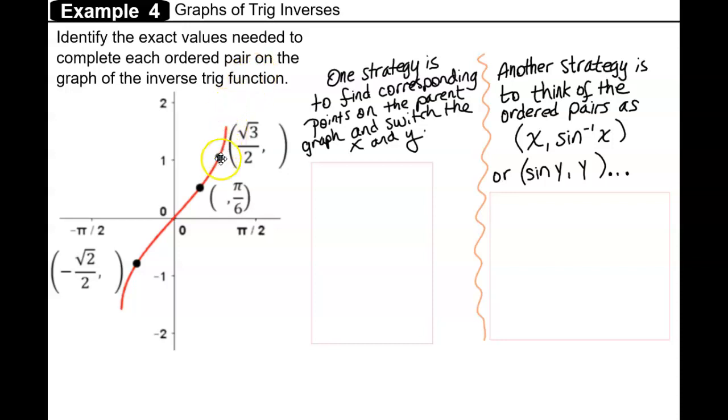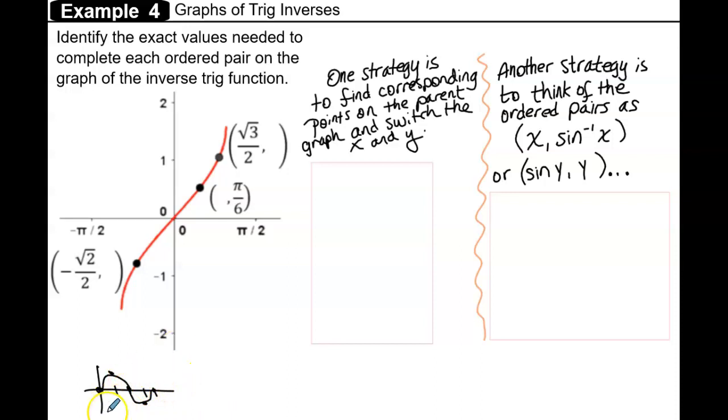First thing we want to do is figure out which inverse trig function we're looking at here, and recall that the sine parent graph starts here at the origin, and it goes up to its maximum, back to its zero, down to its minimum, and back to its zero. So that would be the sine parent graph.